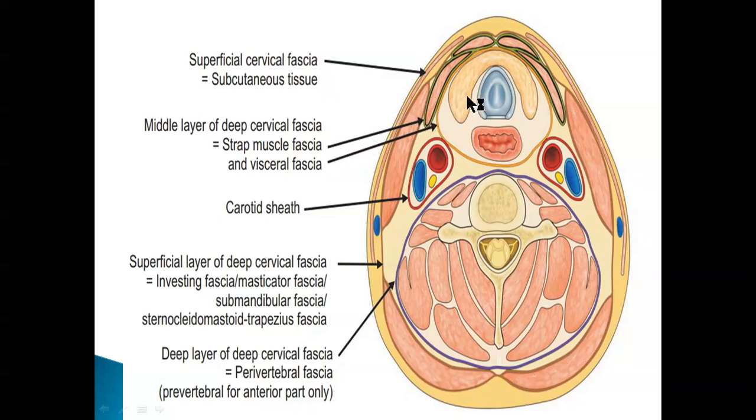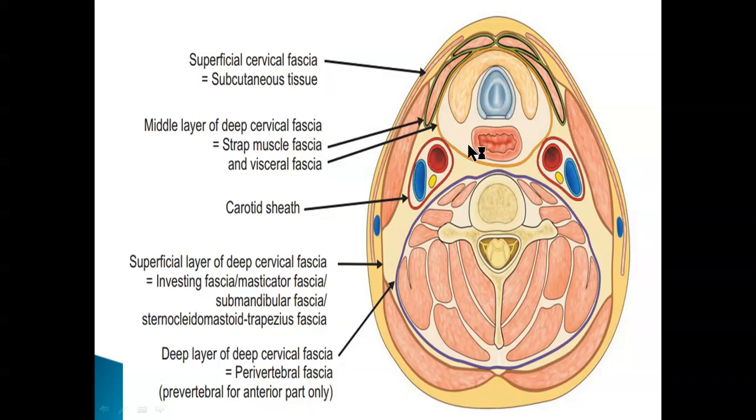One is your investing layer, one is your pretracheal fascia, and one is your prevertebral fascia. The use of these deep cervical fascia is that it divides your neck area into three compartments: one is your anterior compartment, one is your posterior compartment, and two bilaterally are your neurovascular compartments.